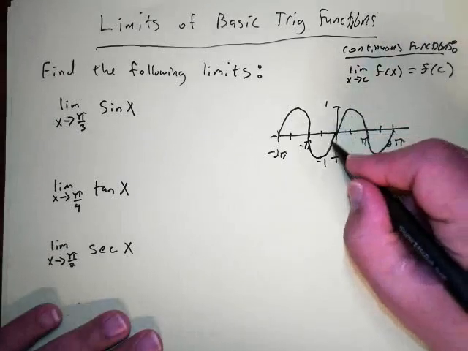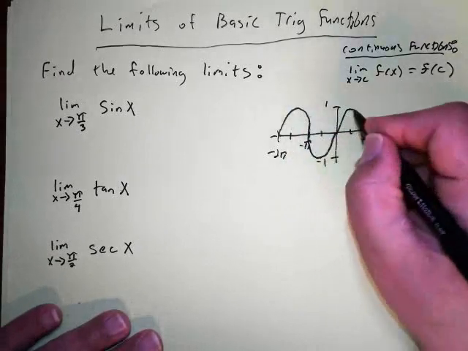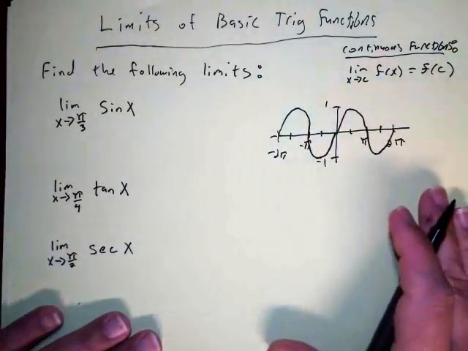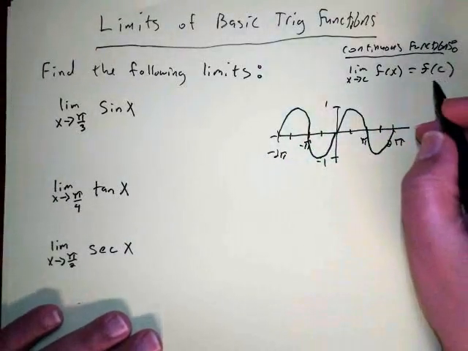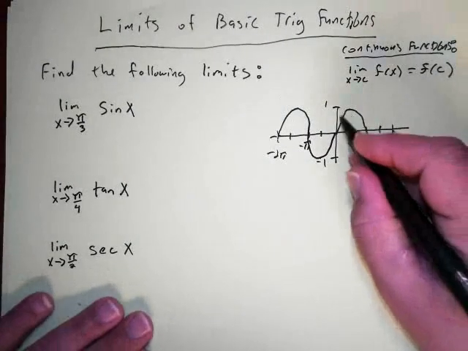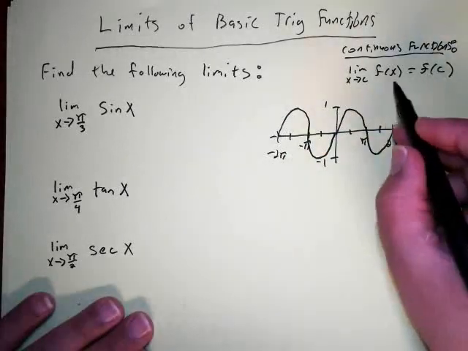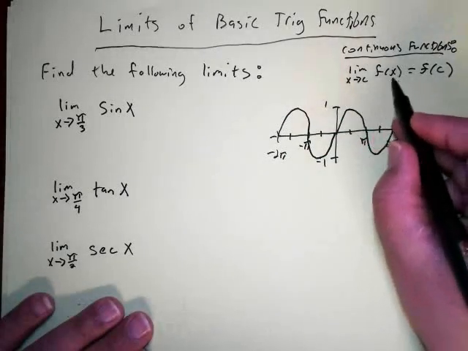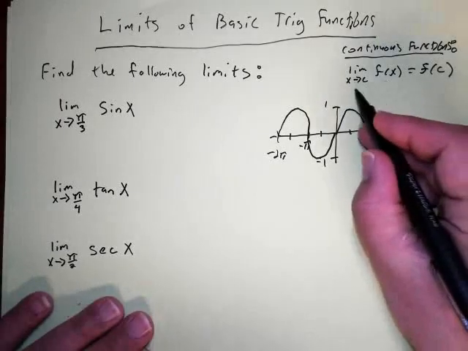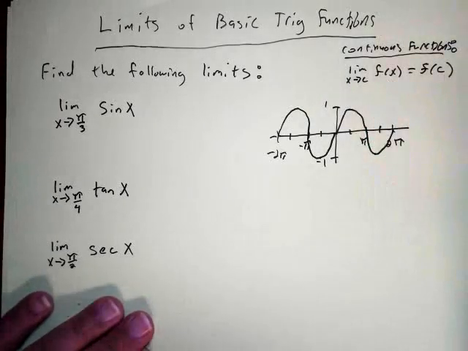That captures this idea of continuity. We're going to learn more about that in the next set of videos. But this is a really important concept, because if you know a function is continuous, then all you have to do to find the limit is plug c into the function, because the limit of f of x as x approaches c is just f of c.